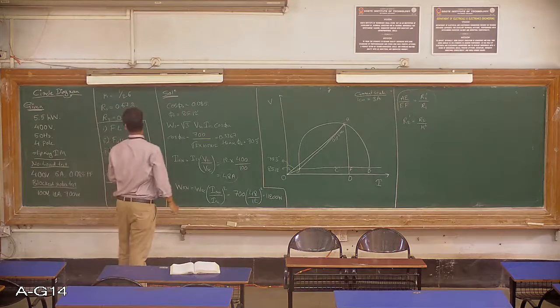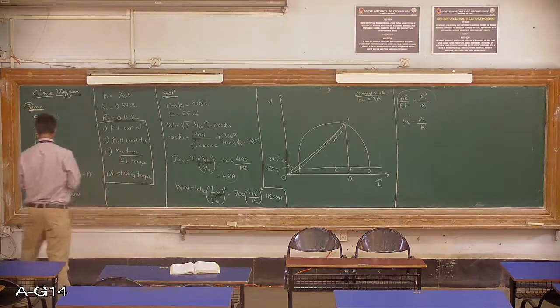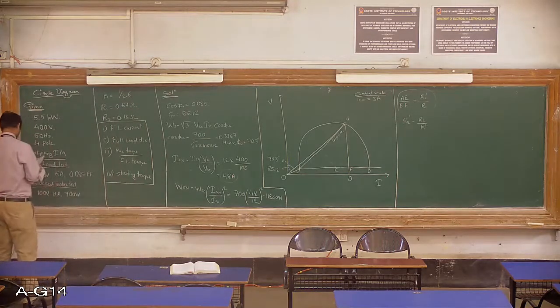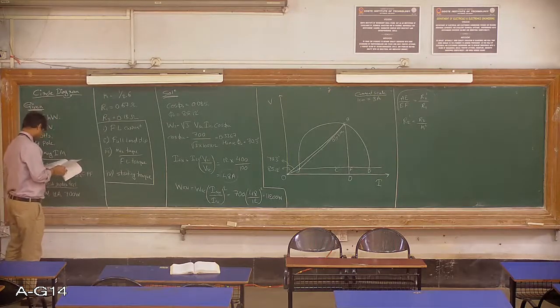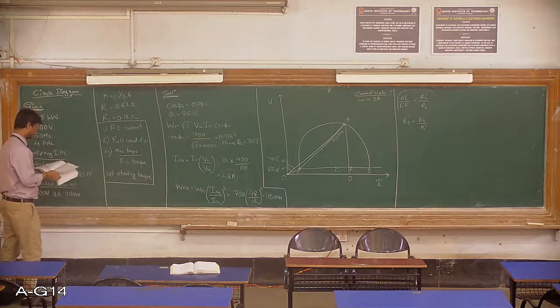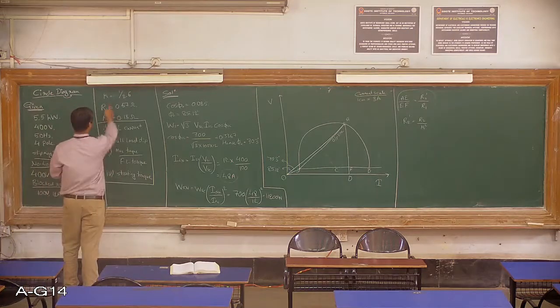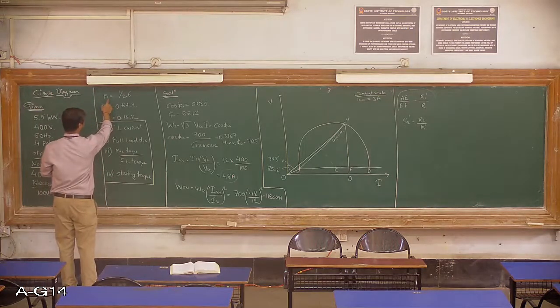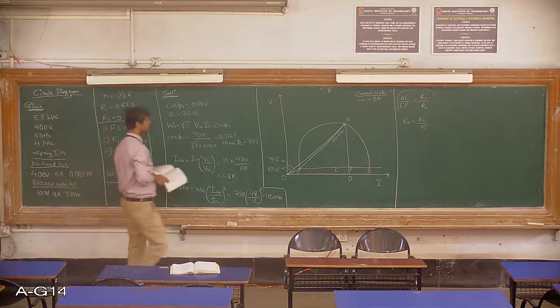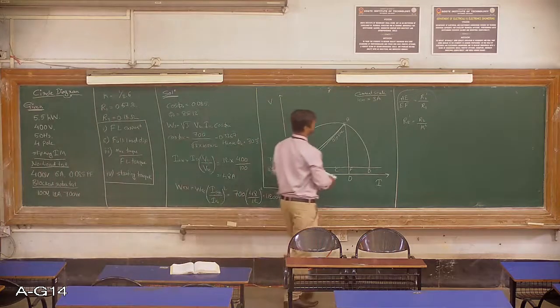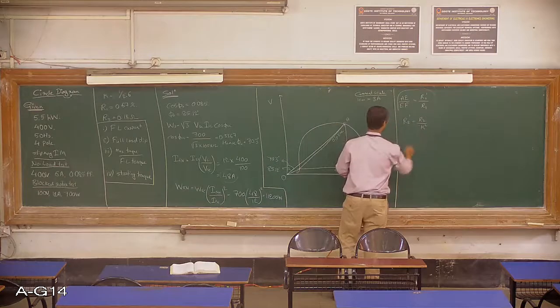Because they have given us the stator to rotor turns ratio, the primary to secondary turns ratio is 2.6, but we always consider the turns ratio of rotor to stator as 1 upon 2.6. Now here R2 dash is R2 upon K square.